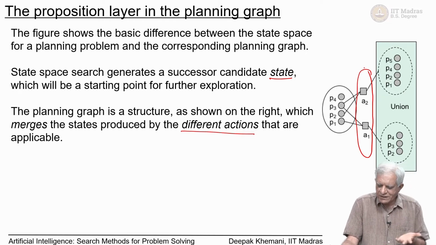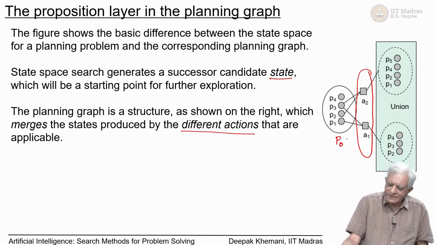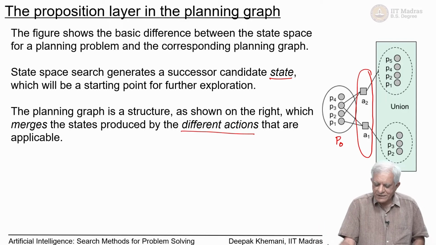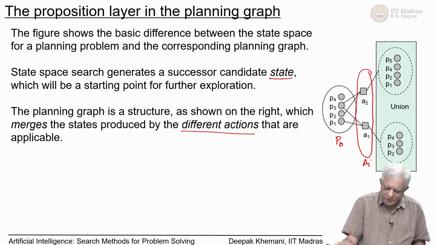Initially, of course, there is only one, the proposition layer, which we will call P0, has the initial start state. There are two actions which are possible, and that gives us the second layer, which we will call the proposition layer. So, this would be called P1 for example. So, there is an action layer A1 which results in the proposition layer P1 and so on and so forth. We will see this in a moment.